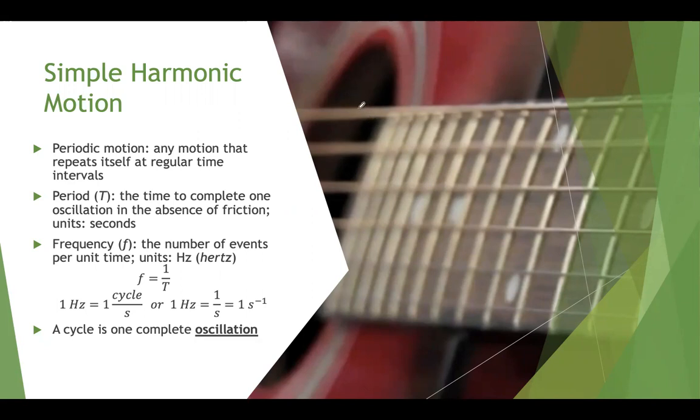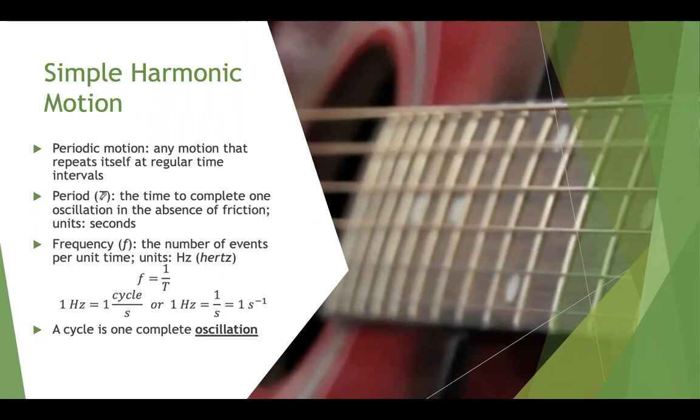Okay, and there's a couple terms that we're going to need to understand before moving on to understanding simple harmonic motion, and that is going to be period, or T, which is the time to complete one oscillation in the absence of friction, and the units are in seconds. We have mentioned this before, but I just want to go over it again.